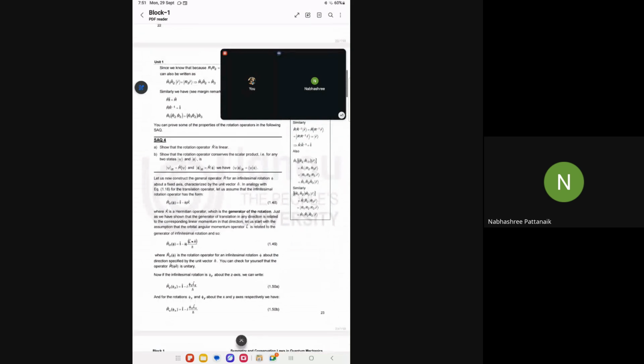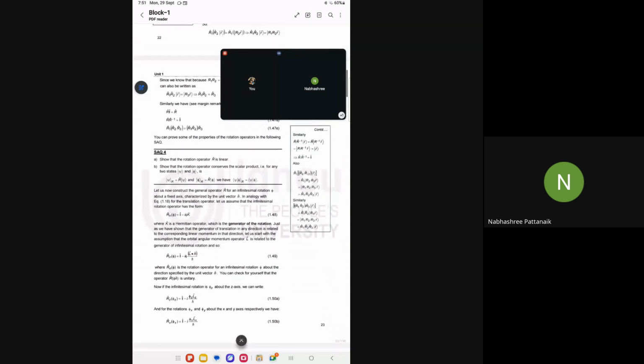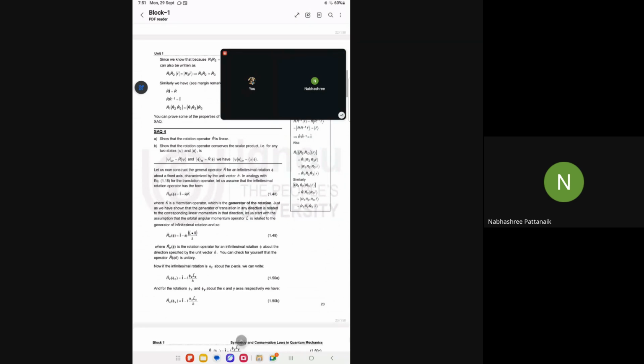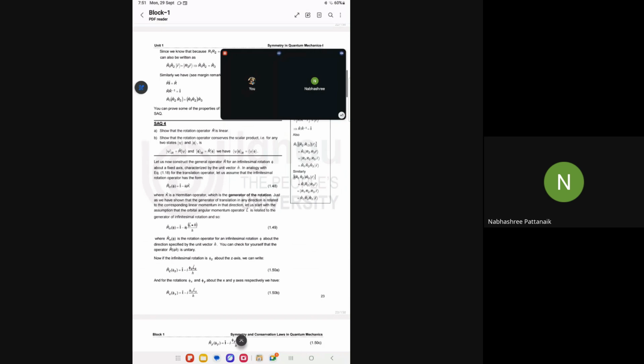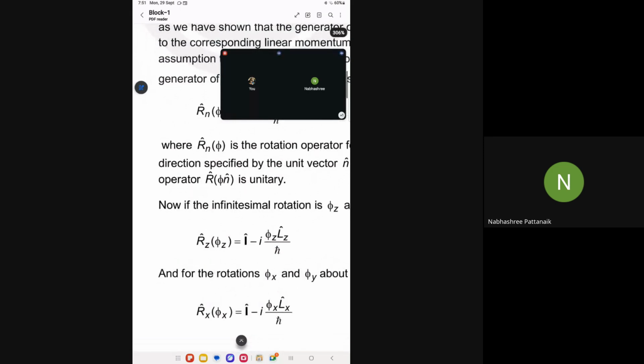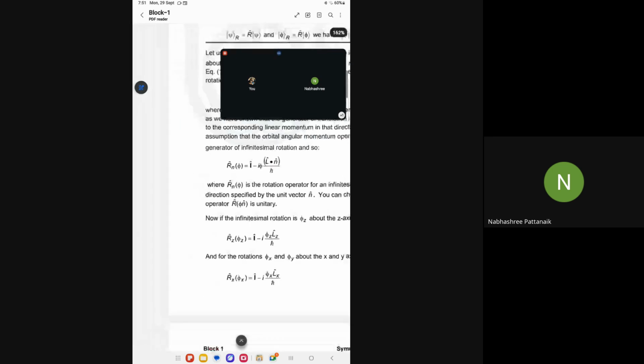If you come to page number 23, here you can see, right? For an infinitesimally small rotation, Rz of phi is equal to identity minus i phi z Lz divided by h cross, right?